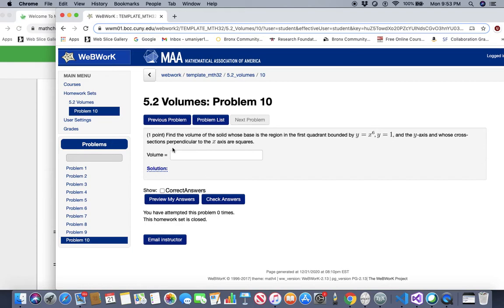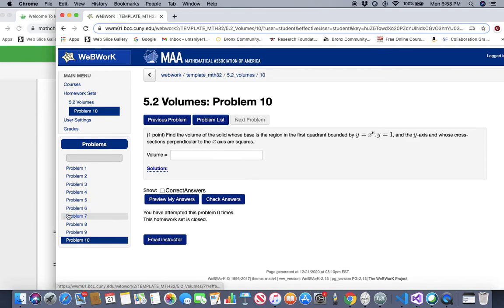Now the last problem. Find the volume of the solid whose base is the region in the first quadrant bounded by y equals x to the 6th, y equals 1, and the y-axis, whose cross-sections perpendicular to the x-axis are squares.